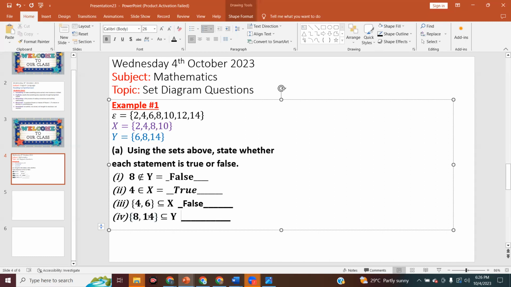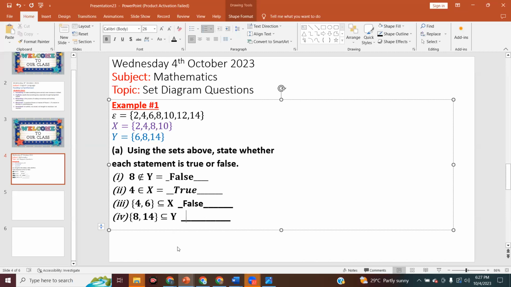The set {8, 14}, the set that contains 8 and 14, is it a subset of Y? Is that true or is that false? Put your answer inside the chat for me, please.